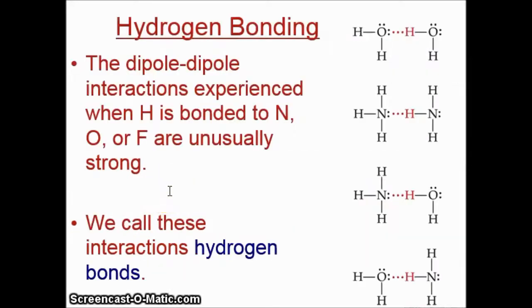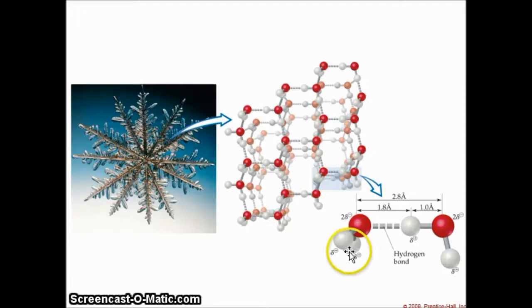The last type of van der Waals force I want to talk about is hydrogen bonding. Hydrogen bonding is a very specific type of dipole-dipole interaction where we have a hydrogen bonded to nitrogen, oxygen, or fluorine, and this is going to be a very unusually strong type of bond. You can see some examples on this side here, but I want to look at a couple of water molecules.